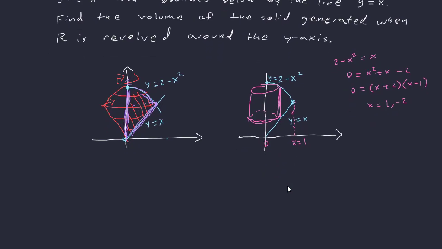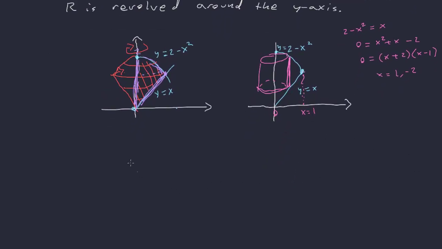Okay, so the volume is going to be 2 pi times the integral. Well, now we have 0 to 1, so it'll be 0 to 1 of x times our f of x, so the top value, so that's 2 minus x squared, minus the bottom, so our bottom here is x, dx.